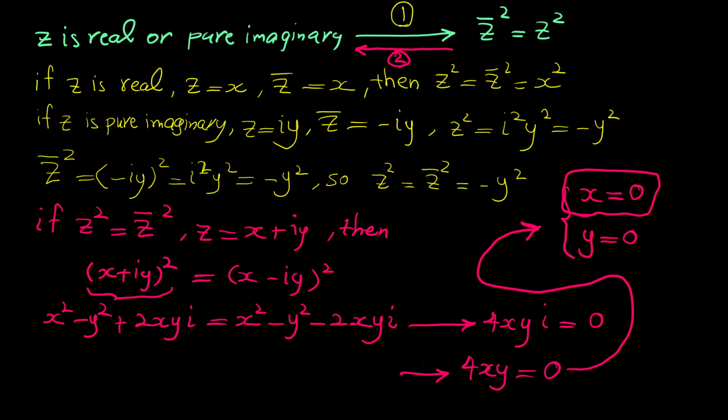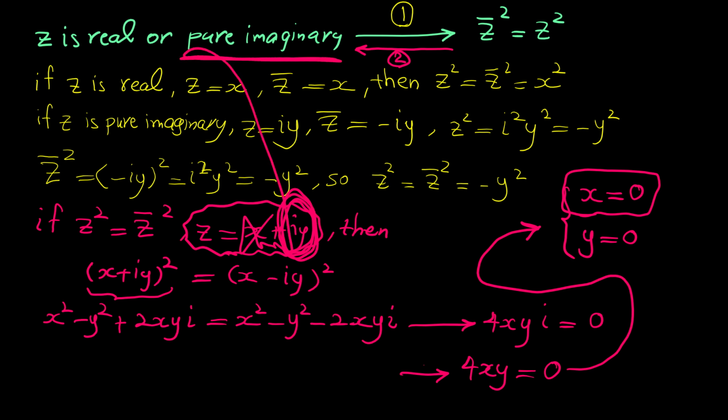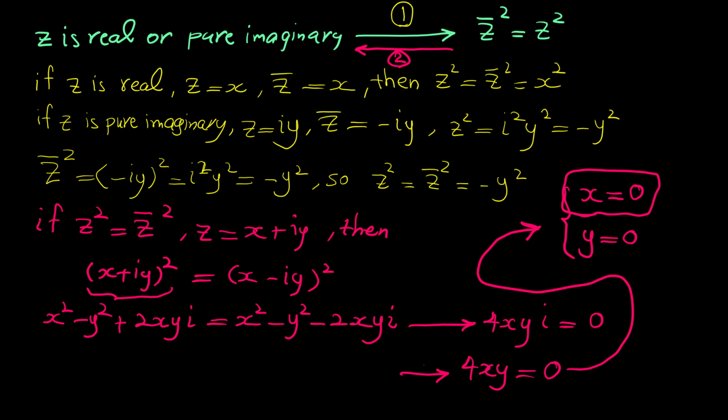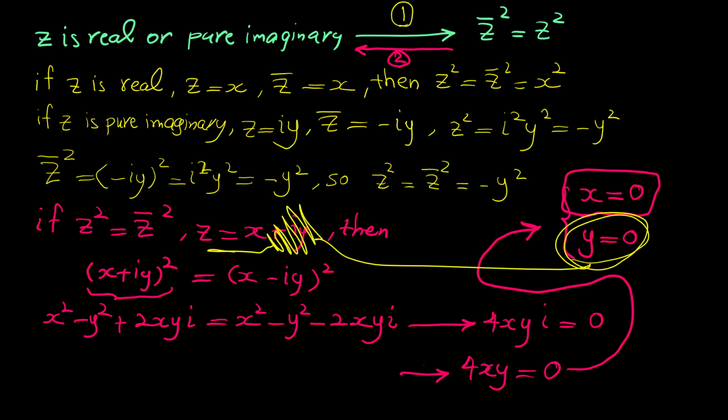It means that z, the pure imaginary number that we started with here, if x is 0, then z is only a pure imaginary number. And if y is 0, then this part of z is 0, so z equals x. And if z is equal to x, it means that z is a real number.